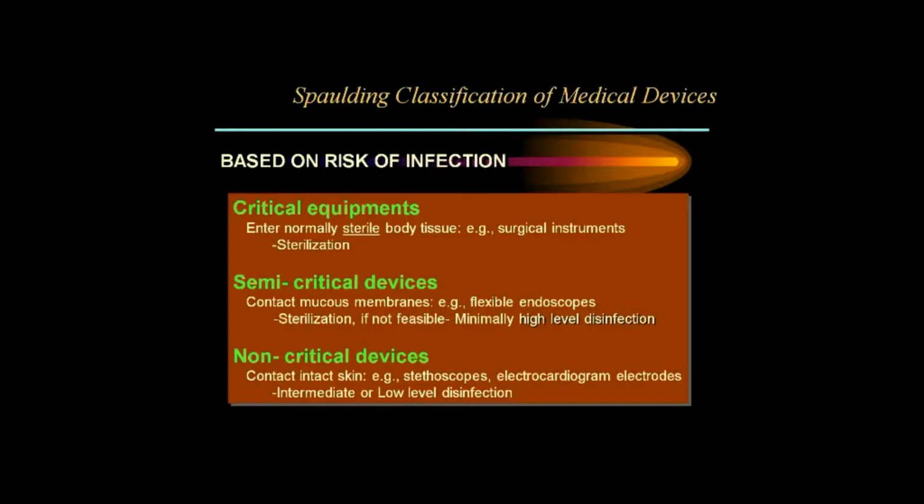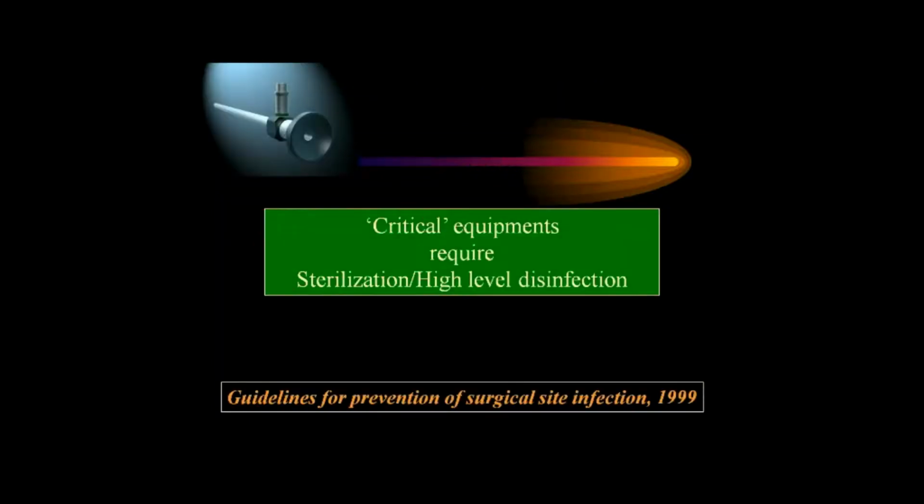Non-critical devices are used where there is intact skin between the device and the patient's body, for example ECG electrodes or a stethoscope. Those need cleaning or low-level disinfection. But laparoscopic equipment, all of it, is critical equipment. It ideally needs sterilization or at least high-level disinfection. This is the guideline for prevention of surgical site infection, 1999.